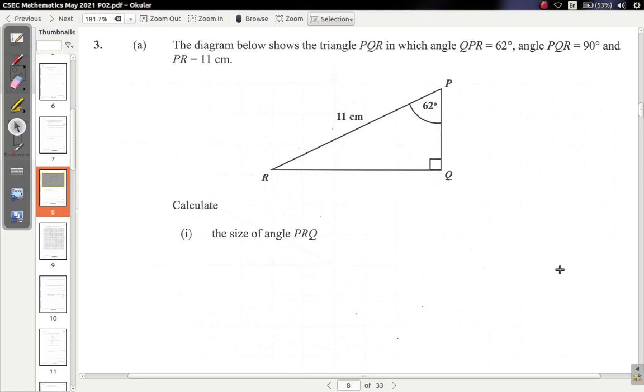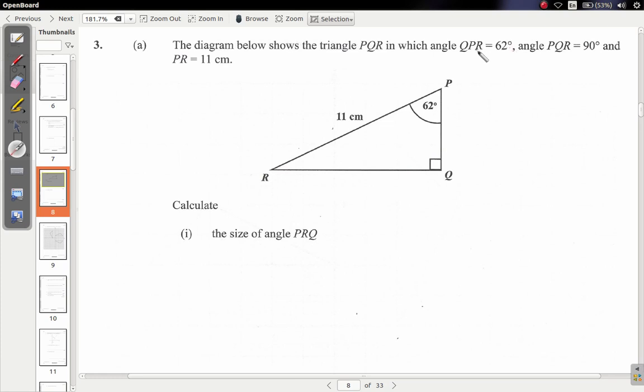We see question 3 from the CSEC Mathematics May 2021 paper. It says the diagram below shows a triangle PQR in which angle QPR is 62 degrees and angle PQR equals 90 degrees.